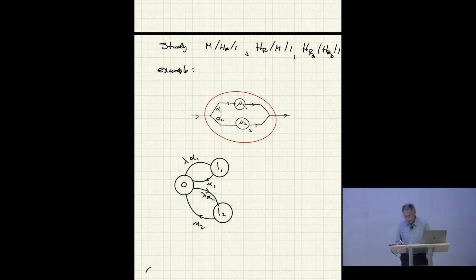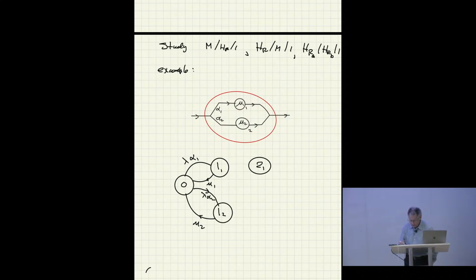But out of state 1,1, I can have an arrival. If I get an arrival, where do I go? No, 2 sub 1. Good try. There's a state 2 sub 1, which means that there are two people in the system, but the guy in service is still in stage 1.